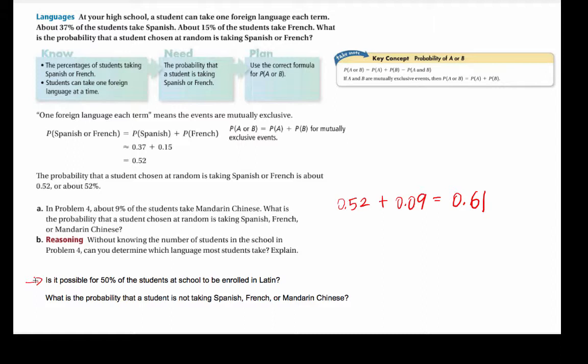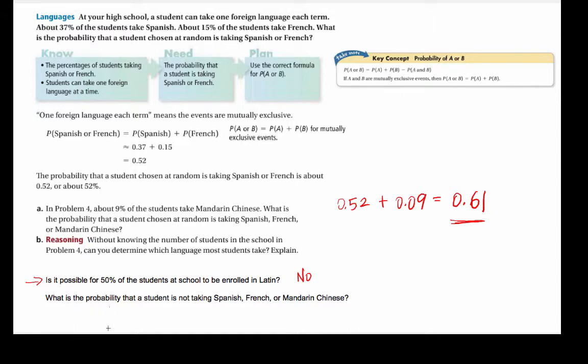And the answer is no, because we know that 61% of the students are enrolled in either Spanish, French, or Mandarin Chinese, and students can only be enrolled in one language at a time. The highest percentage of students that could be in Latin would be what? 39%. 100% minus 61%. So the answer on this is no.